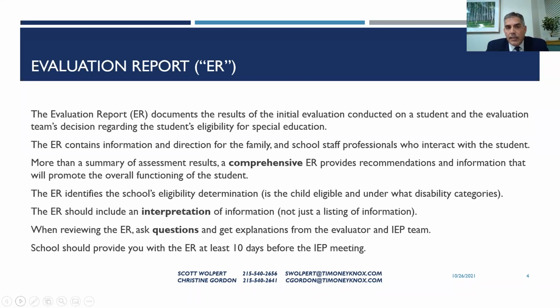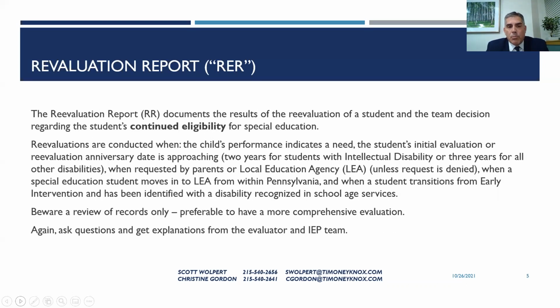The next slide is reevaluation reports. So once again, for a reevaluation to occur, a child's already been found eligible, and we're probably close to 2 to 3 years out from the initial evaluation and eligibility. And in terms of reevaluation, similar in terms of content, it needs to be comprehensive.